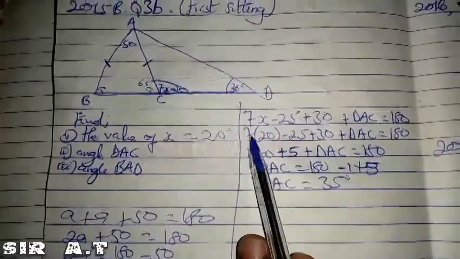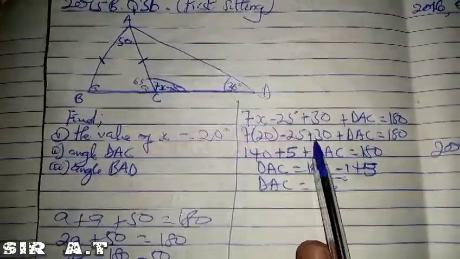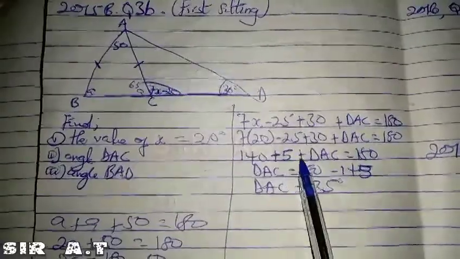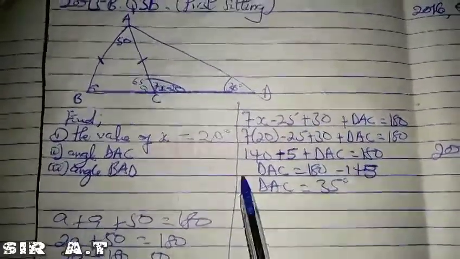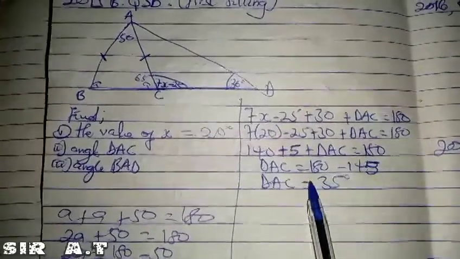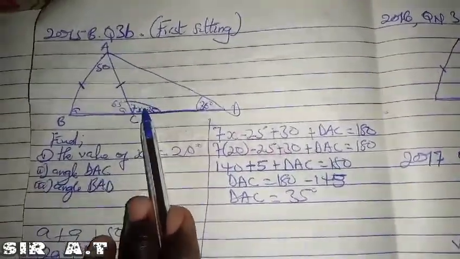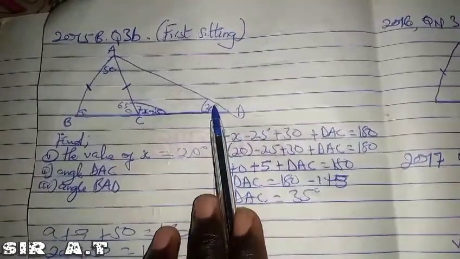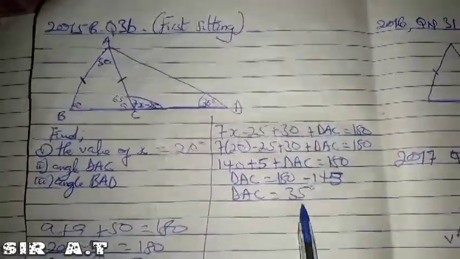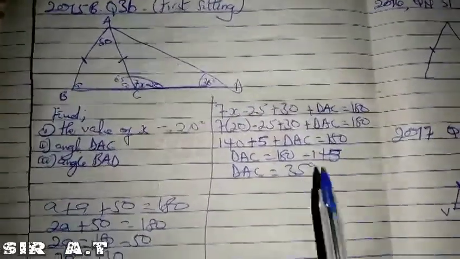So we are getting 140, and negative 25 plus 30 gives positive 5, and then plus DAC is 180. So DAC is equal to 180 minus 145, we are getting 35. We are putting this, that, and then that together, and equate it to 180. We have 35 degrees now.